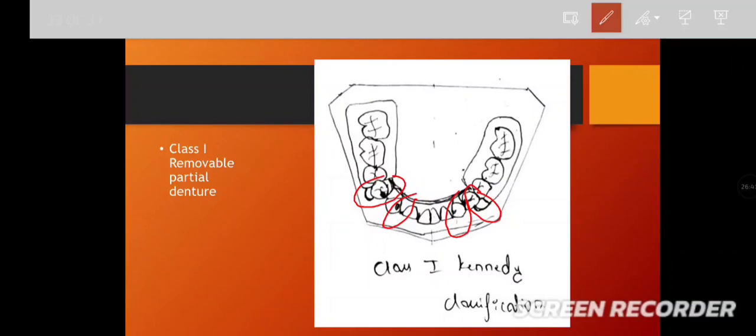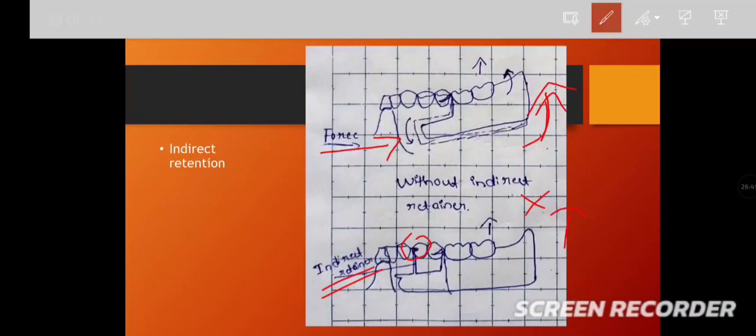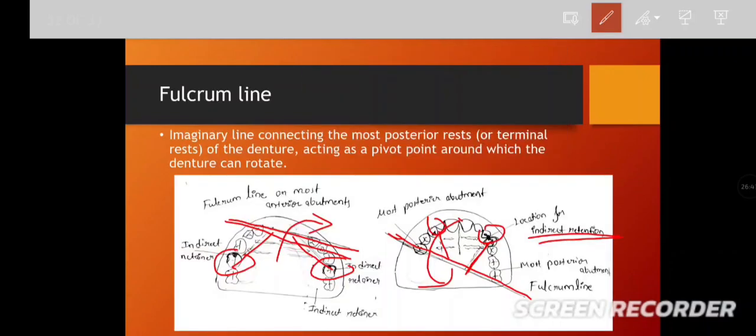And one more thing, incisors will be the most perpendicular teeth to the fulcrum line. But as you also know, incisors are the weakest abutment. Hence we are not placing any retainers on the incisors.